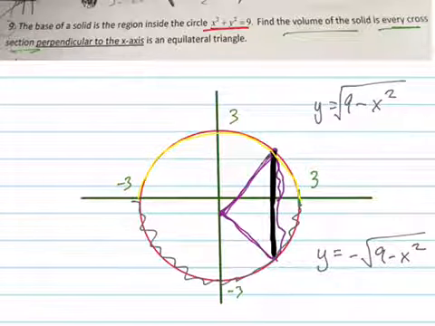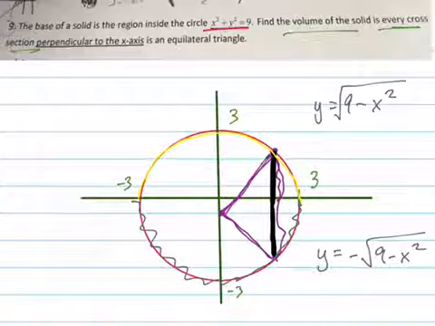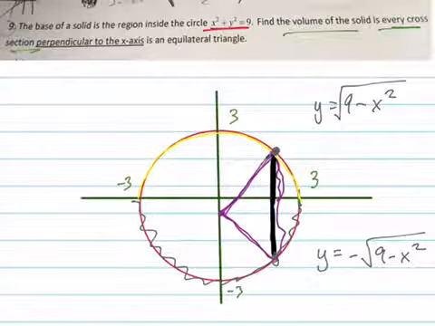Because one's the top portion and one's the bottom portion. And so now you can see the distance between this and that is just the difference between those 2 functions.